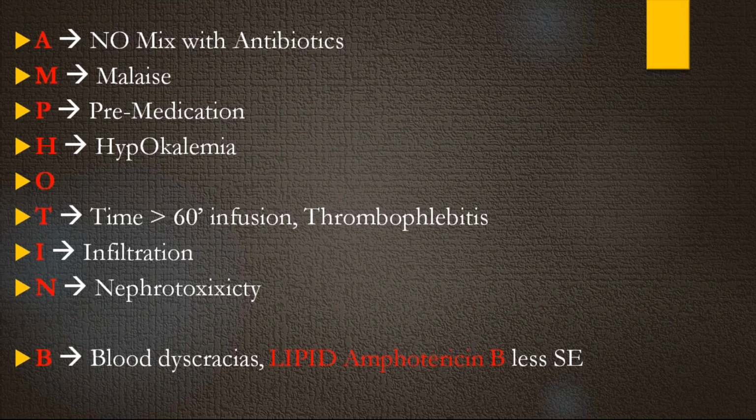Okay, so we have amphotericin, that is the mnemonic for amphotericin B, that is for systemic diseases, systemic fungal infections. Systemic means that you have a system, for example, the respiratory system or the urinary system, and those are invaded by fungus. So those are systemic.